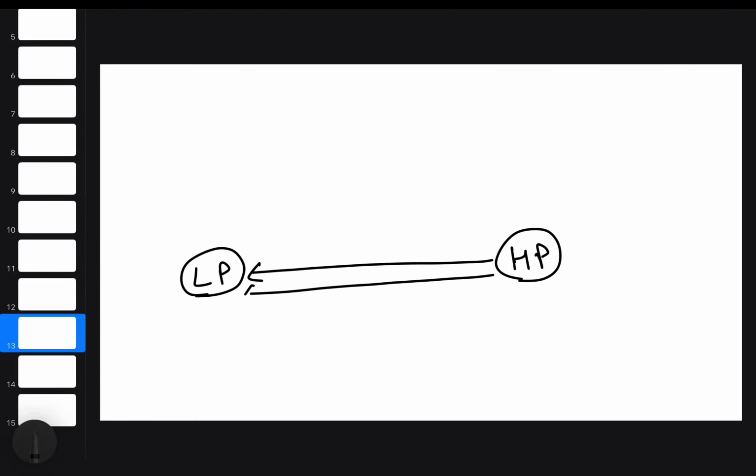So if there is a low pressure area and there is a high pressure area, wind will move from high pressure to low pressure. This is the direction of movement of the wind. This is the deficit area, which will be occupied by the surrounding air, and this is the surplus.